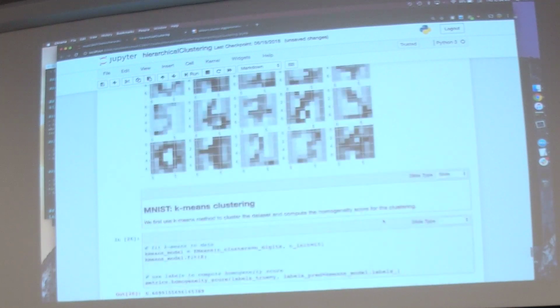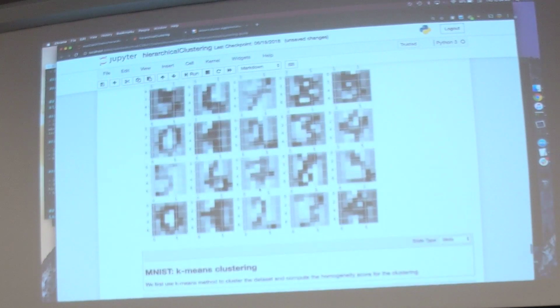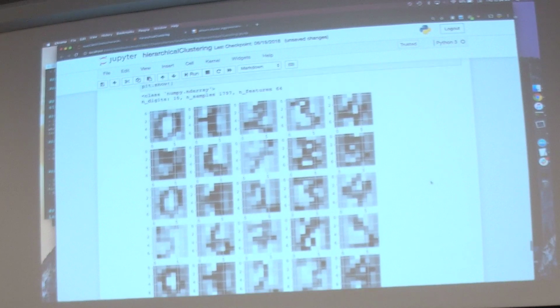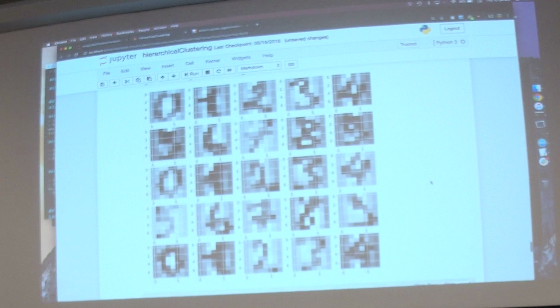And what is this one supposed to be? I guess that's a 2. Some of these are pretty hard to figure out. Hey, what is this one supposed to be? Any thoughts? 6?